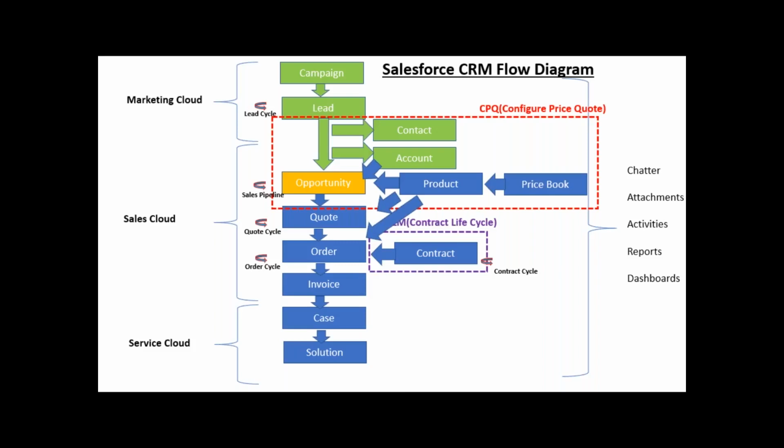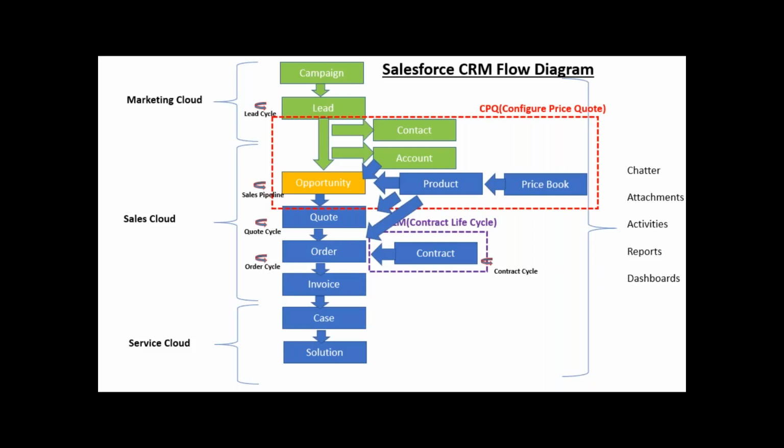Number one, what are the elements of sales? Number one, opportunity. Number two, product. Number three, price book. Fourth, quotation.